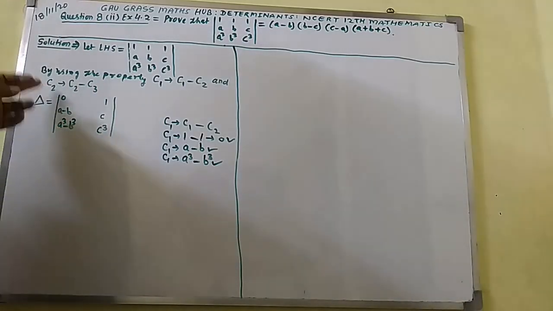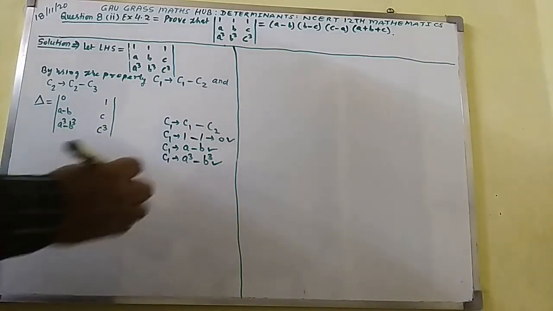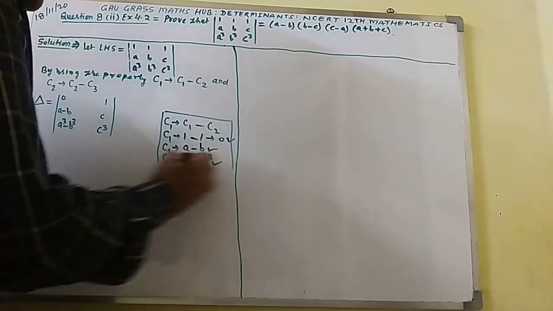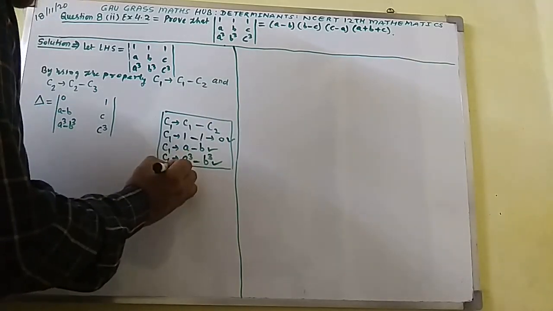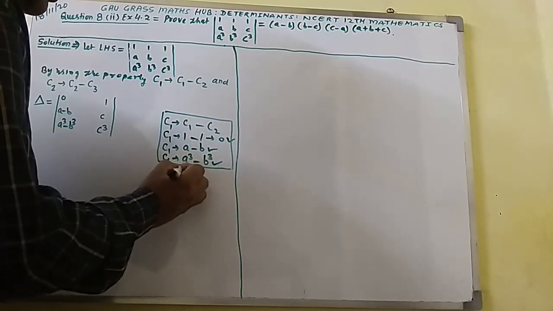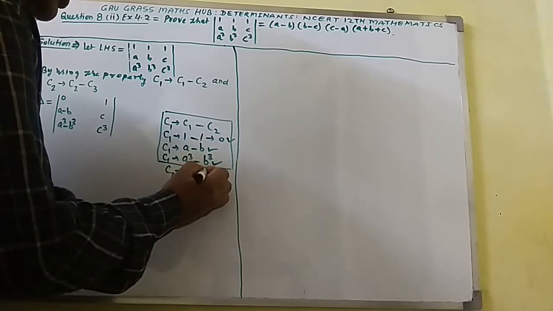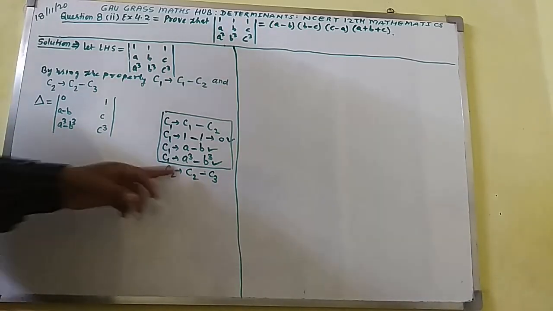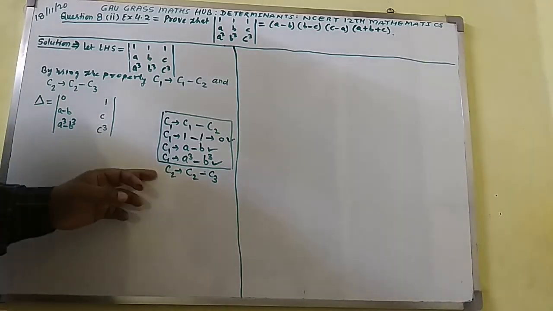And for the elements of C2, this can be enclosed in a box as rough work. Write C2 goes to C2 minus C3. This means that changes will occur only in the second column.